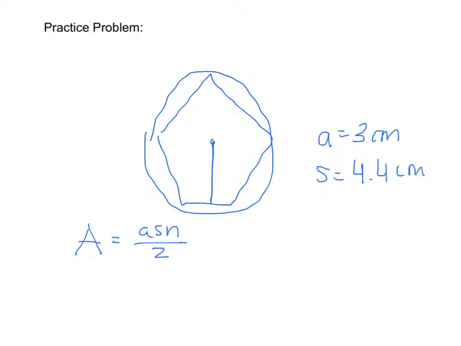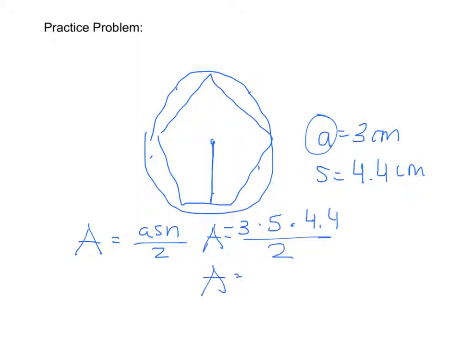So A equals 3 times the number of sides, and we can count 1, 2, 3, 4, 5, and then we have the side length, 4.4, all over 2. And this comes out to be 33 centimeters squared.